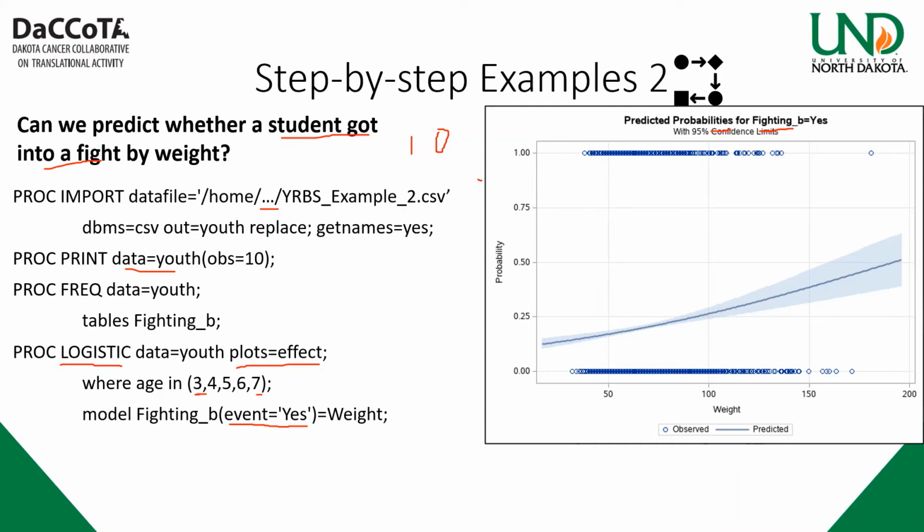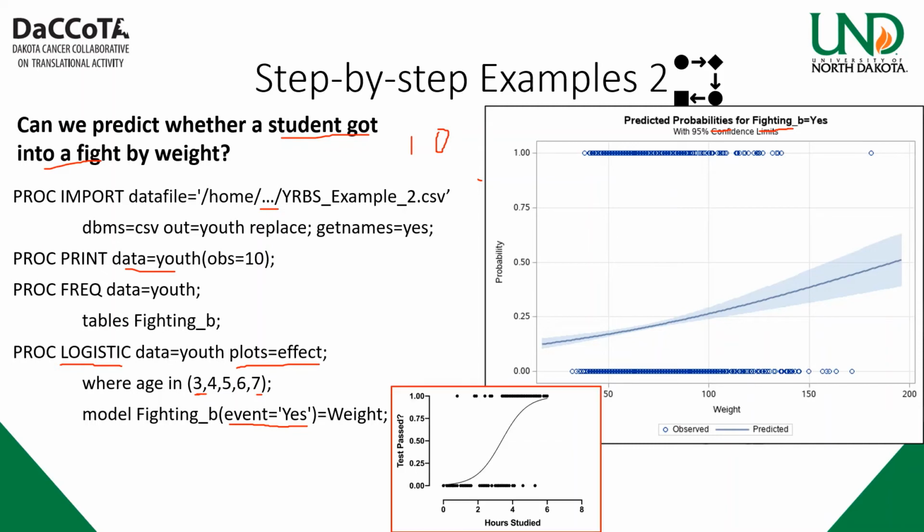Even for the heaviest students, probability is only around 50%. The more classic shape we see in logistic regression typically is an S-shaped curve, which has asymptotic behavior at the ends. But it just looks like with our data here, there's not a particularly strong relationship, even though it's significant.